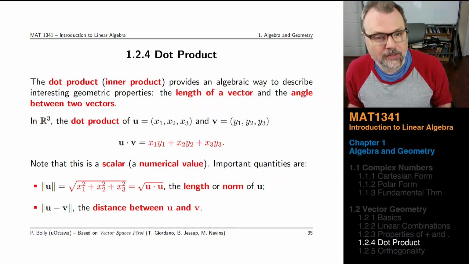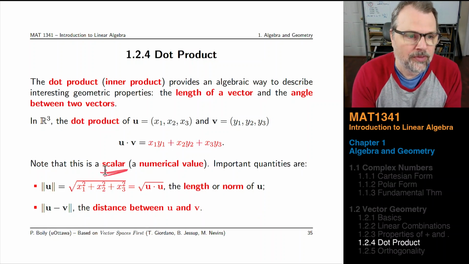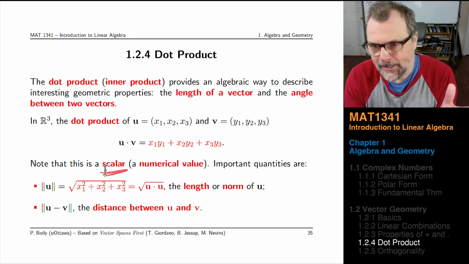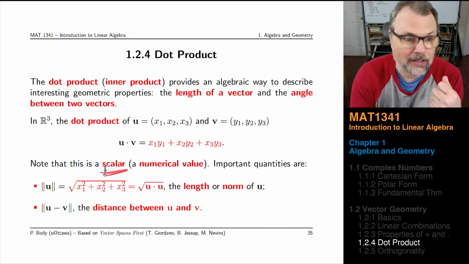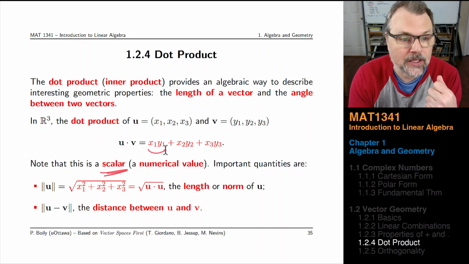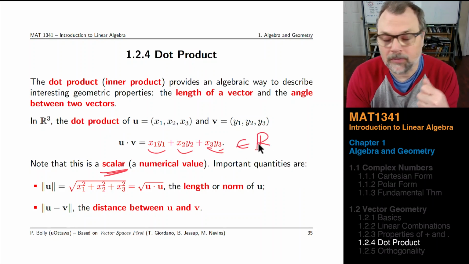I've mentioned it before, but I'm going to re-emphasize it here because it's important. This operation gives you a scalar. The end result of this is a number. You add things together, you get a number.